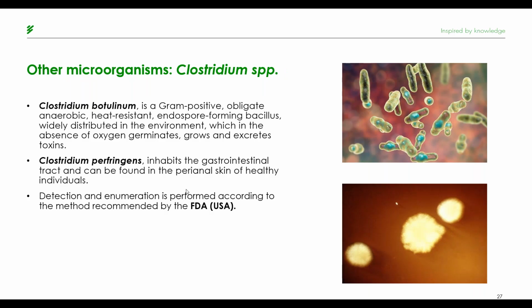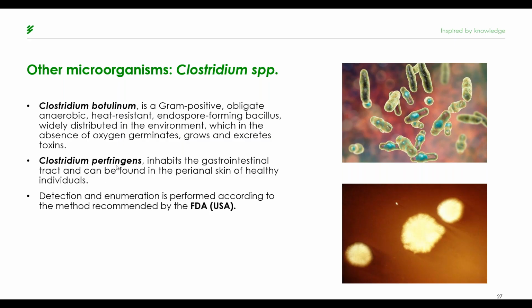Next, we have the bacteria of the genera Clostridium, mainly Clostridium botulinum and Clostridium perfringens. These are gram-positive, obligatory anaerobic bacteria that can produce spores that are heat resistant. In the case of Clostridium botulinum, they can produce a very dangerous toxin, and they can grow in airtight containers.